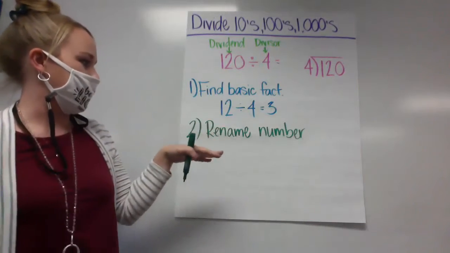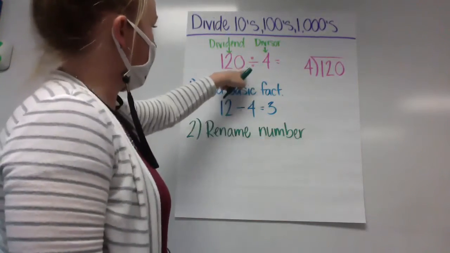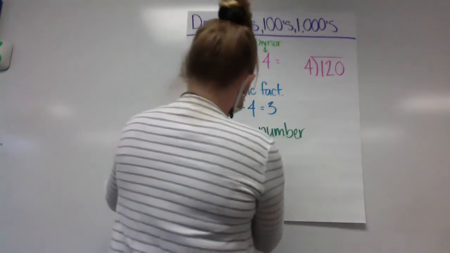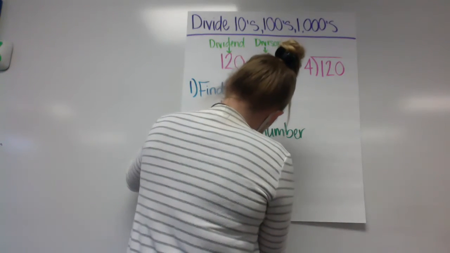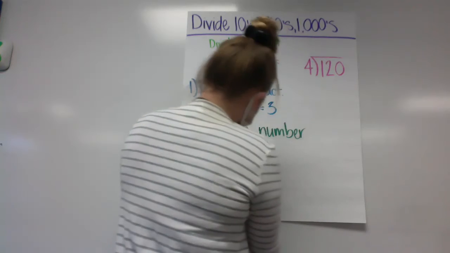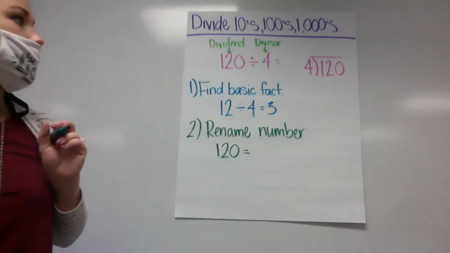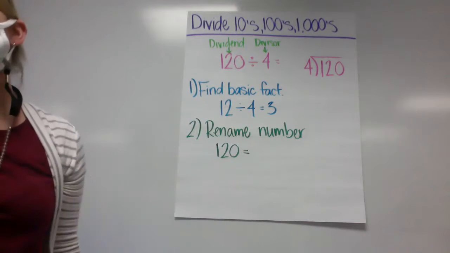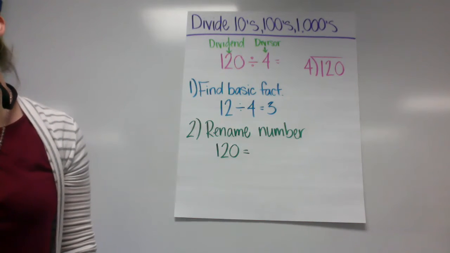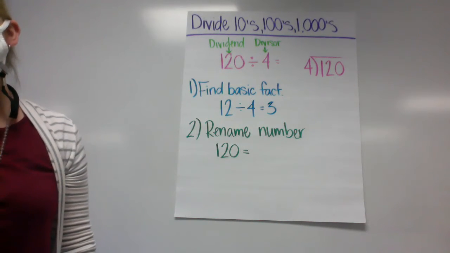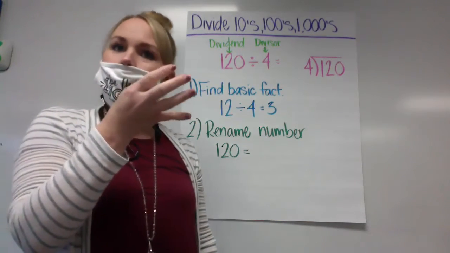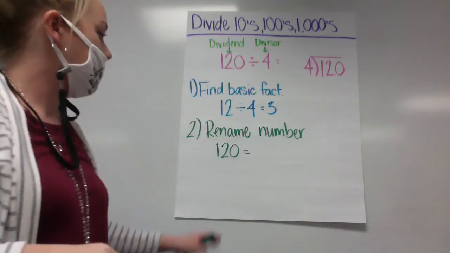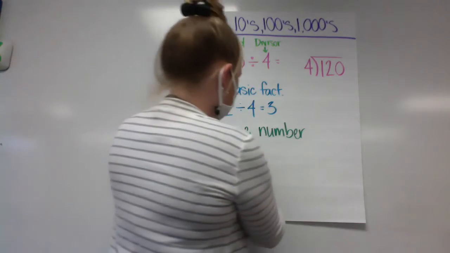So now we need to rename our number. 120, because that's what we're actually dividing, right? 120 equals 12 what? 12 tens. Okay? 10, 20, 30, 40, 50, 60, 70, 80, 90, 100, 110, 120. So 120 equals 12 tens.